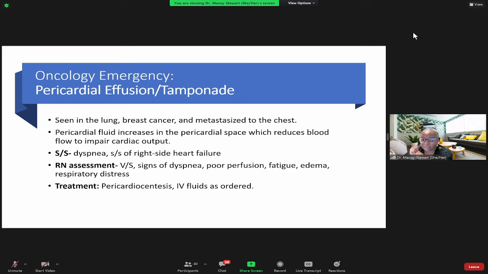But if it increases, it makes it harder for your heart to pump and produce more blood to go into circulation, okay? So the patient might complain of shortness of breath, or you might see classic symptoms of right-sided heart failure, which is something you learned this semester too. So you see how everything comes full circle.